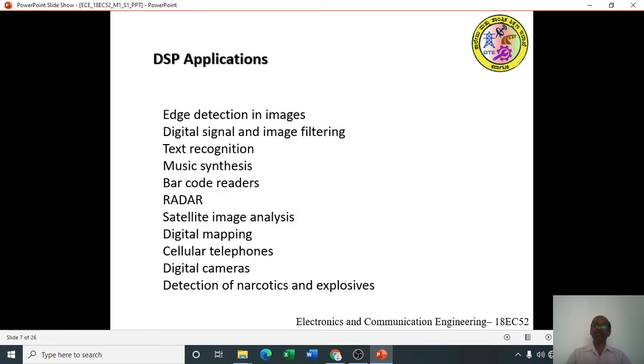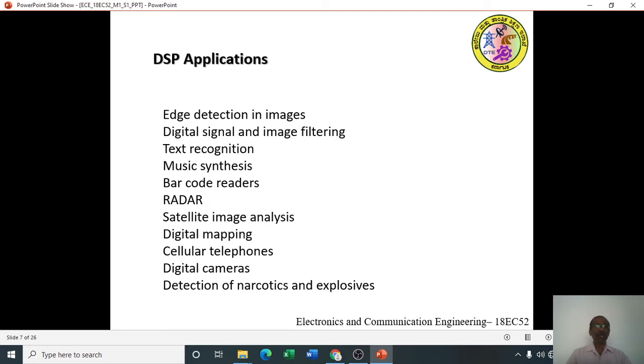Let us see some of the applications of DSP. As I told you, DSP applications are vast. So some of the applications are edge detection in images, filtering of our data, text, music synthesis, radar applications, satellite applications.